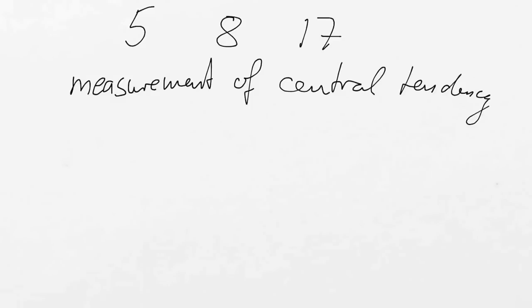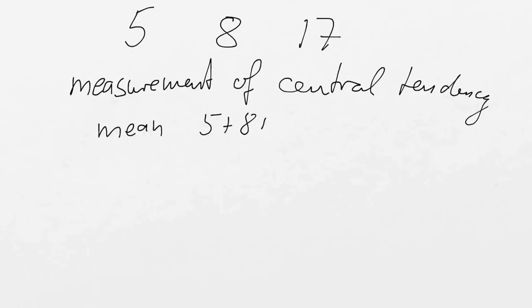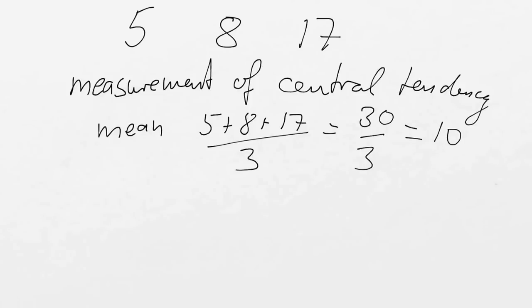And you've heard about the mean. Can you quickly calculate the mean for me? That's the average. 10? Is that 10? Yes, you are absolutely right. The sum is 30, so it's 5 plus 8 plus 17 divided by 3, and 30 divided by 3 is 10, exactly.